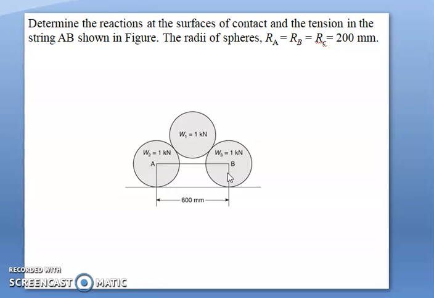Out of those, A and B are resting on this horizontal surface. So we will have two reactions here, and the sphere C is resting on A and B. We need to find the reaction at all the contact surfaces and the tension developed in this string AB.